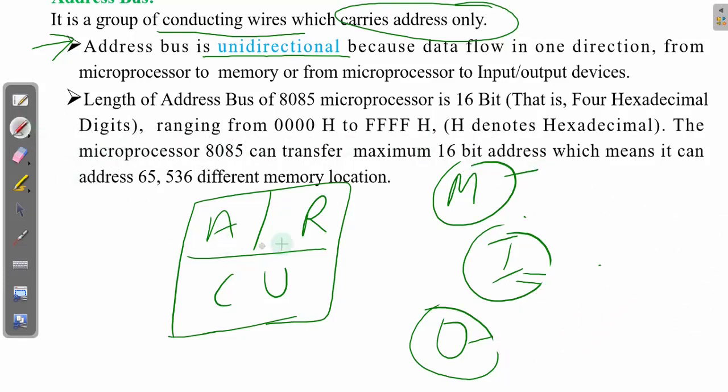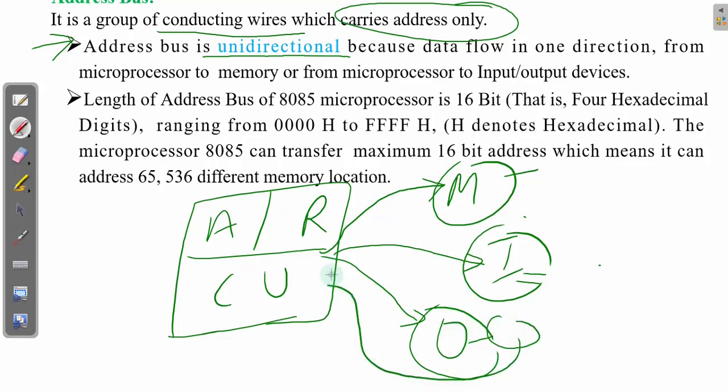What your processor will do is use the address bus to point to a specific address, so that from there data can be taken out through the data bus. Am I clear? I am repeating once more, listen very carefully. What is the address bus?